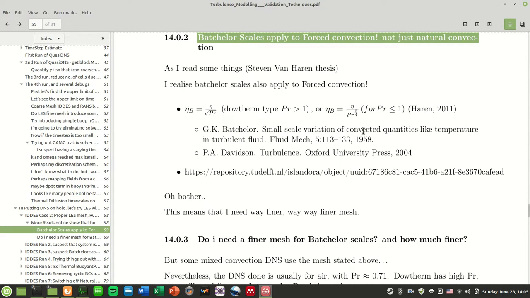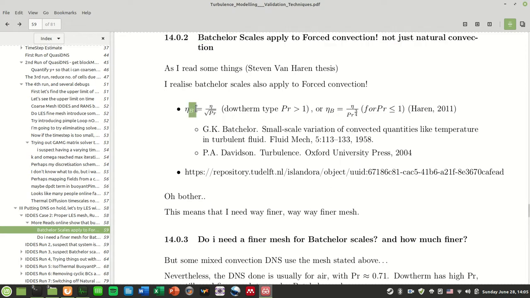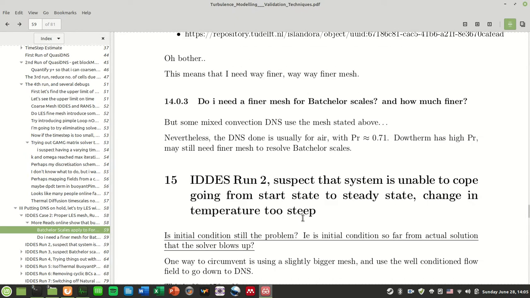Okay? So Batchelor scale is the Kolmogorov scale divided by the square root of the Prandtl number. For this simulation, I'm using a very high Prandtl number fluid, about 16 to 20 range. So you do need to take into account the Batchelor scales, and that would easily give you about 16 million cells, which obviously this 8 GB RAM machine cannot run.